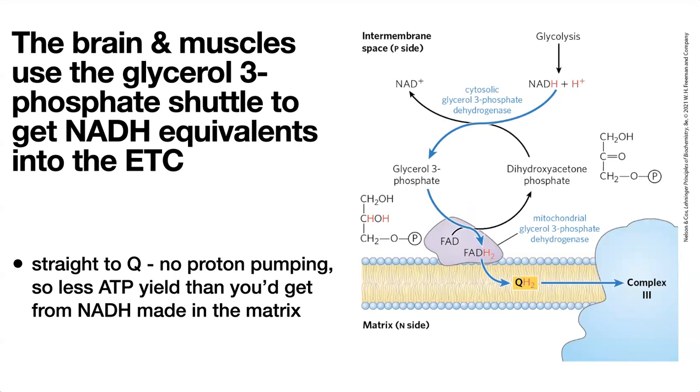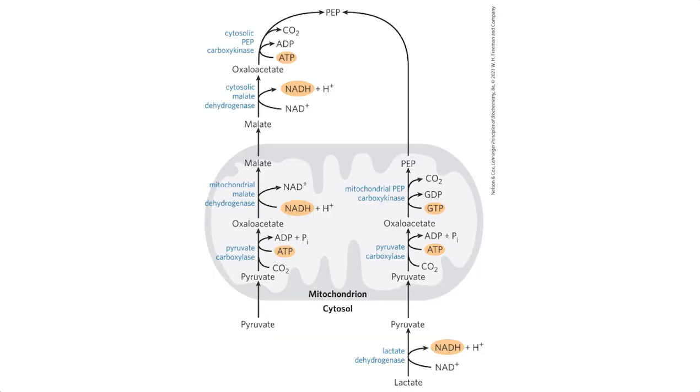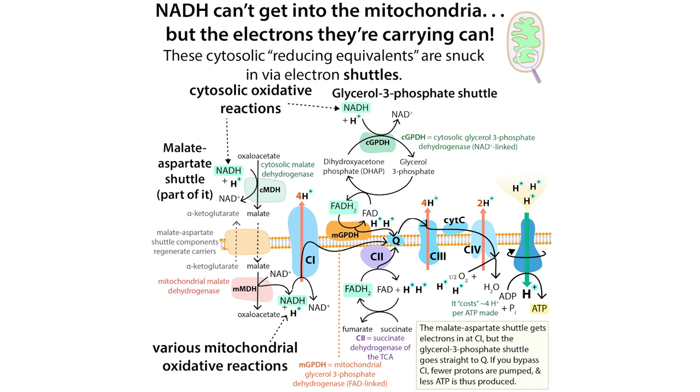But in other tissues, they're going to use this route called the malate-aspartate shuttle. And this is where we go back to that malate dehydrogenase we were talking about before when we were discussing gluconeogenesis. So in this malate-aspartate shuttle, we take oxaloacetate, we take the electrons from NADH, we pass them on to oxaloacetate, reducing oxaloacetate to form malate.